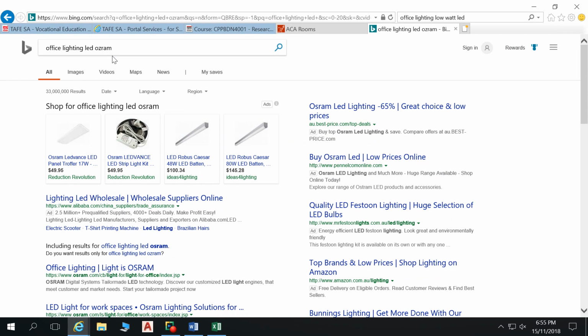High efficiency, 140 lumens. 140 lumens for how many watts? Didn't say. Okay, let's look for something with a bit more information with it.